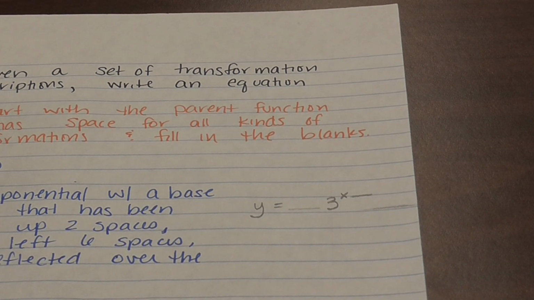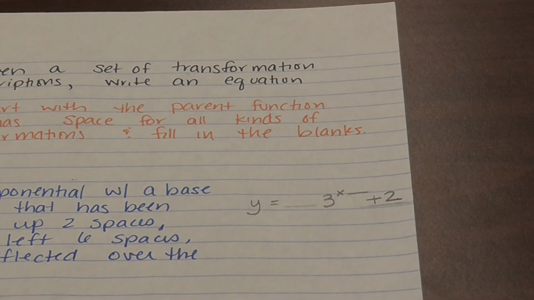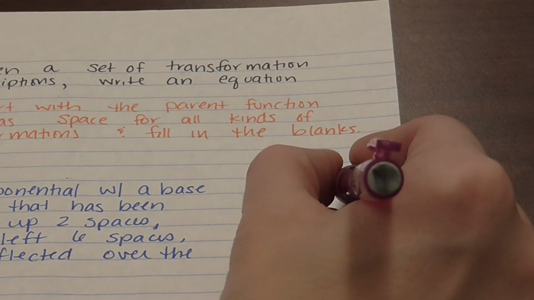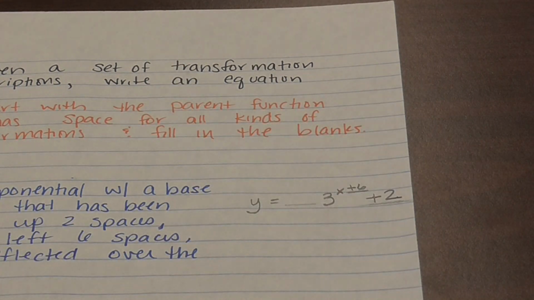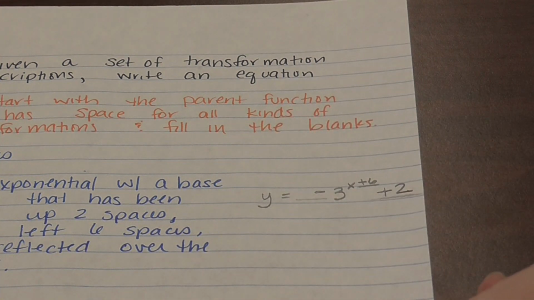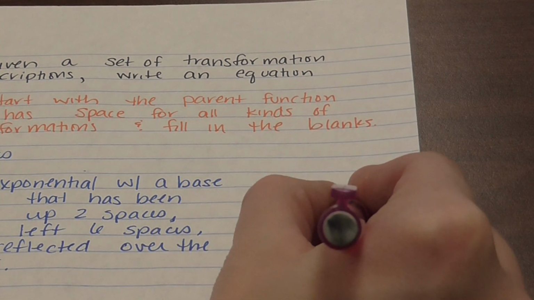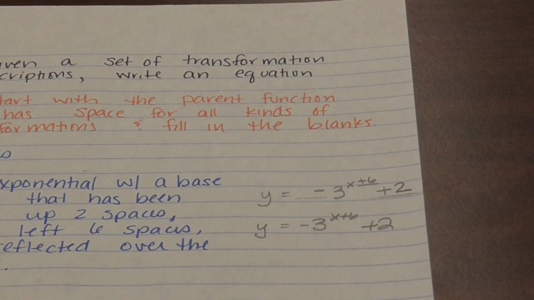So it has been shifted up 2 spaces, so I know my +2 goes on this end. It has moved left 6 places, so I know that means I need to add 6 right here. And it is reflected over the x-axis, so this needs to be negative. So when it's all said and done, it's y equals -3 to the x plus 6 plus 2.